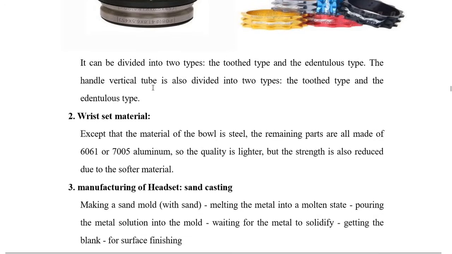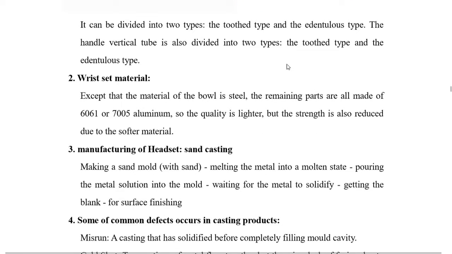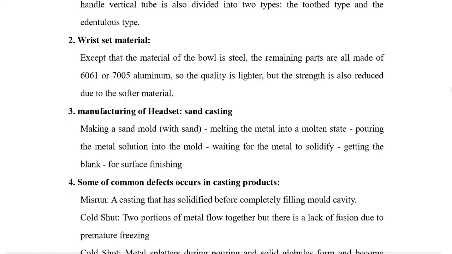It can be divided into two types: the toothed type and the threadless type. The head tube is also divided into two types: the toothed type and the interlaced type.